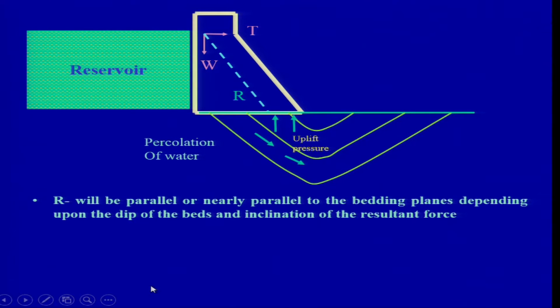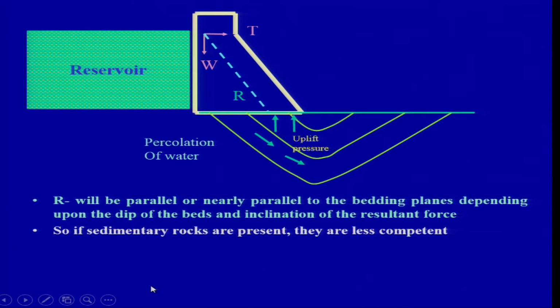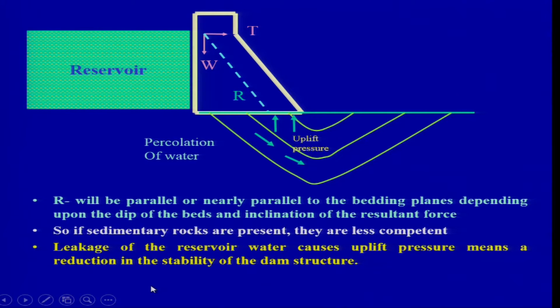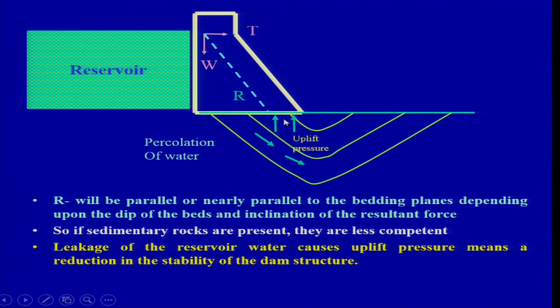You will have some uplift pressure here, and water will definitely leak down into the downstream direction. So, you will have loss of water, and the resultant vector keeps on changing and will be quite inclined. This is not a very ideal condition to be taken into consideration. So, R will be parallel or nearly parallel to the bedding planes, looking in the downstream direction.